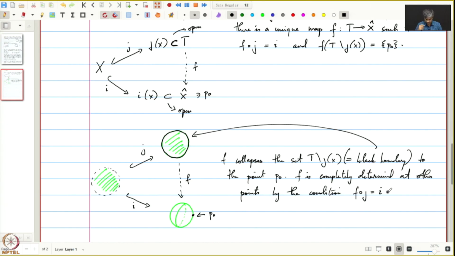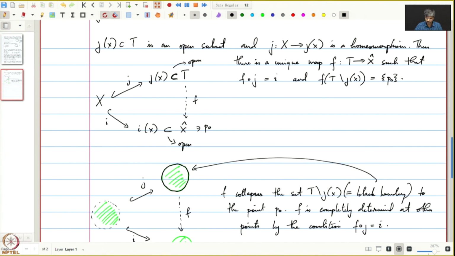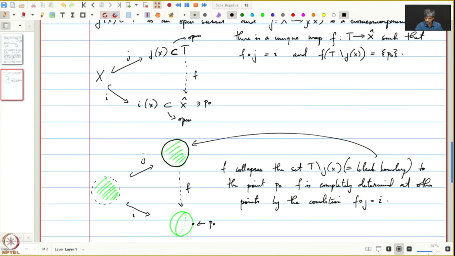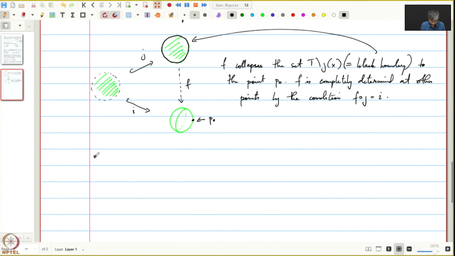So in this example F does this. Let us try to prove this proposition, which is that there is a unique such map F. Okay. So, proof.